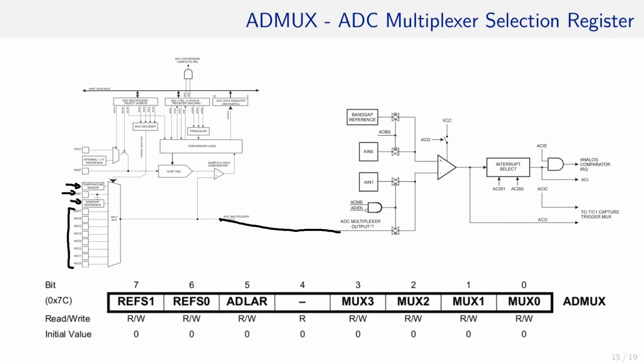However, that only works if the ADC is off. And what channel is forwarded? That is set in the ADMUX register that we had in the ADC chapter. The setting introduced there regarding the MUX3 to MUX0 also applies here.